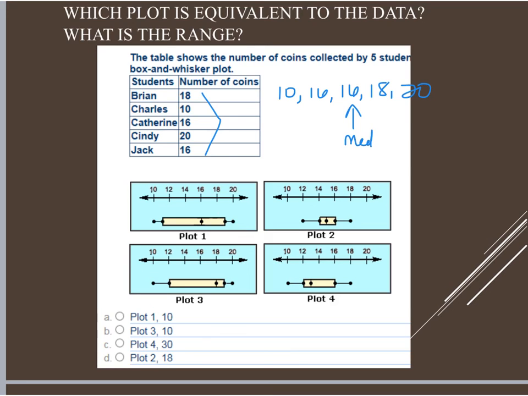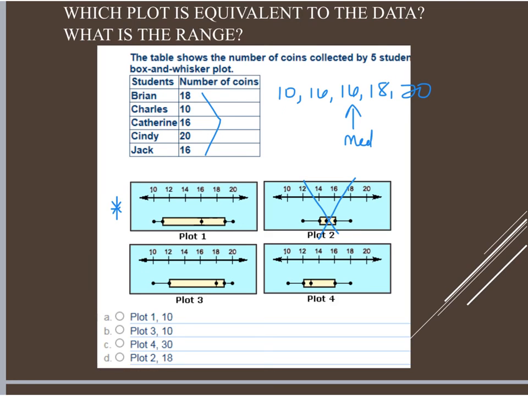So that means I can get rid of plot number 2. This is not the box and whisker plot for that. Plot 1 stands a chance because it looks like the median is at 16, so I would say that this could be.